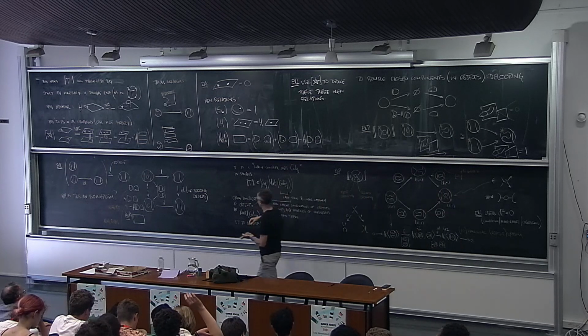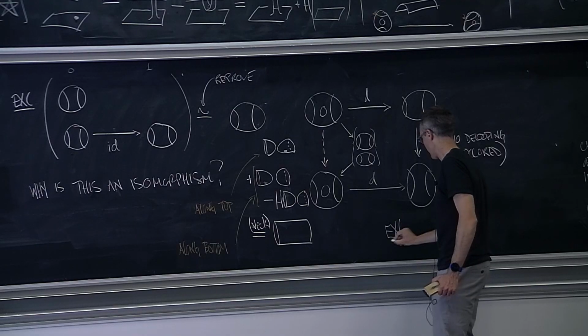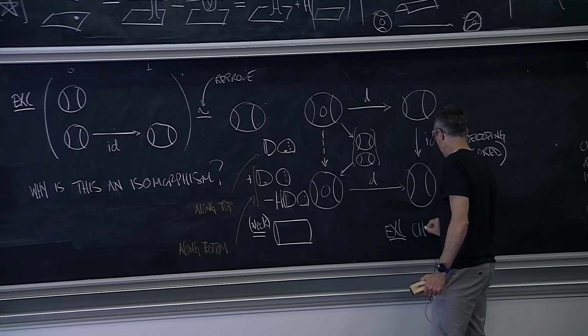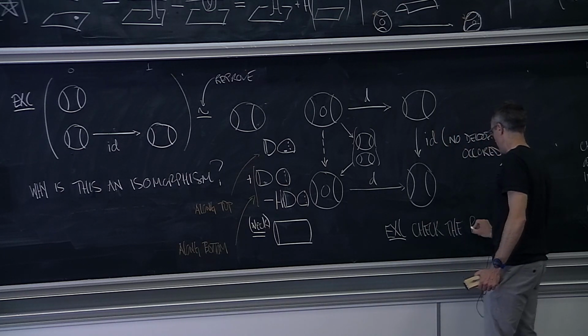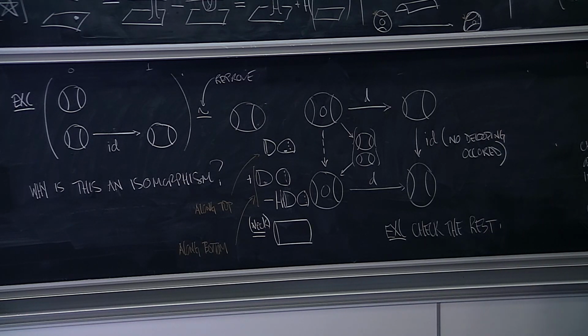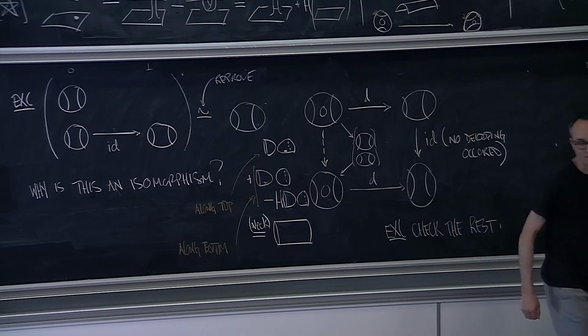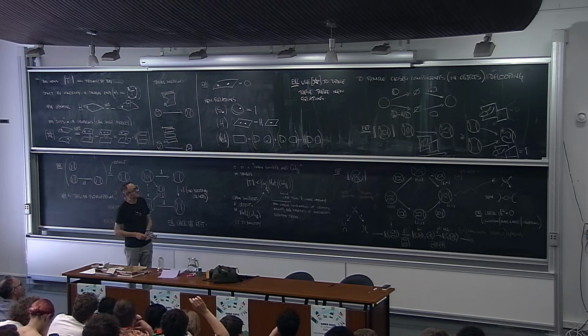And there's more to check. Yes, Gregor. By checking the rest, I mean the other composite, which is really two composites. In the next relation, is that supposed to be minus 2h?